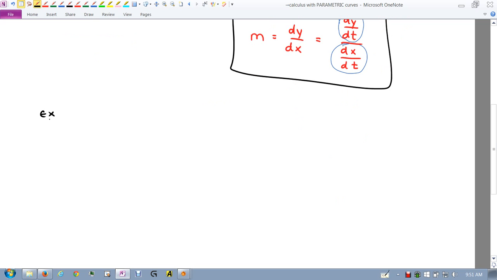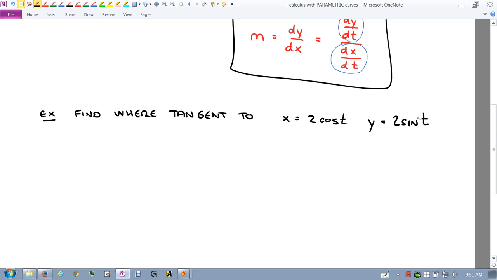So as an example, find where the tangent to x equals 2 cosine t, y equals 2 sine t is A, horizontal, B, 1, and C, vertical.